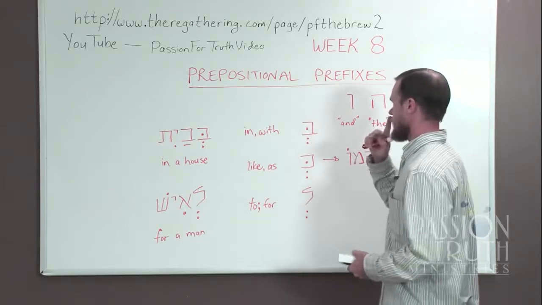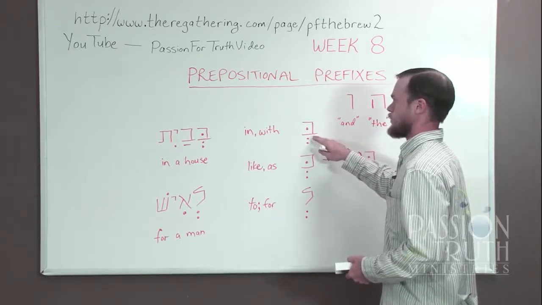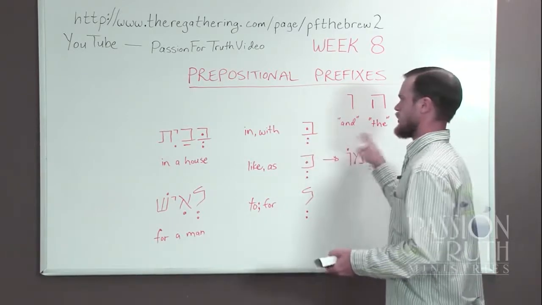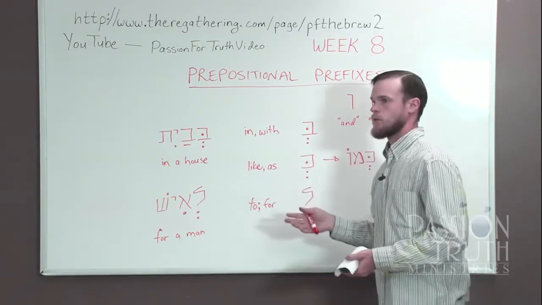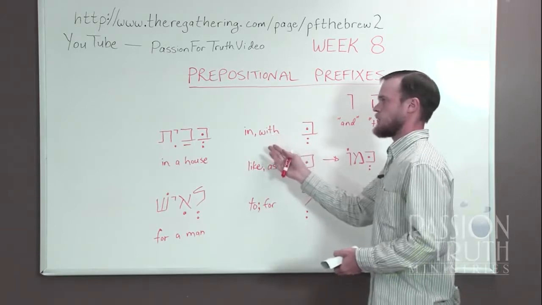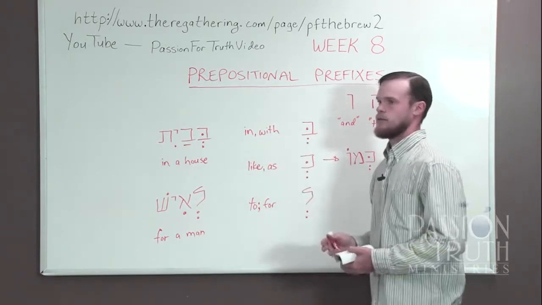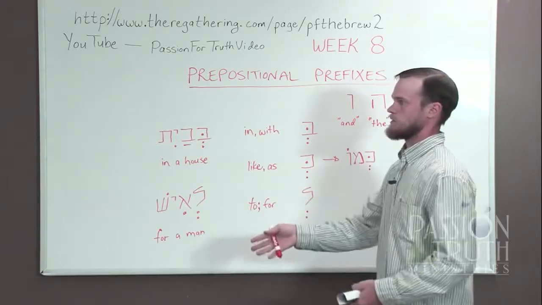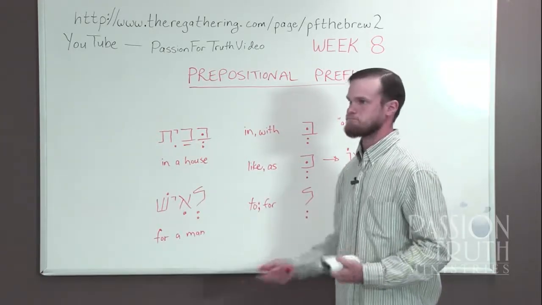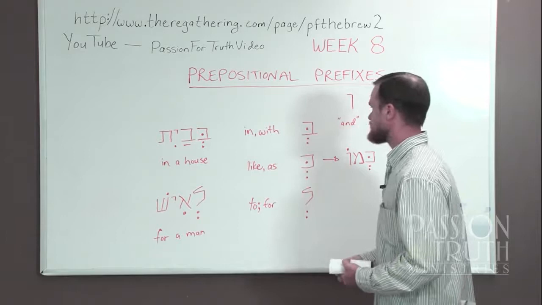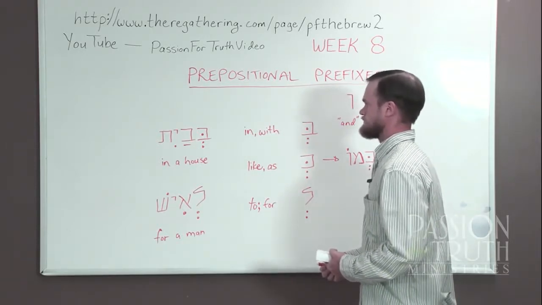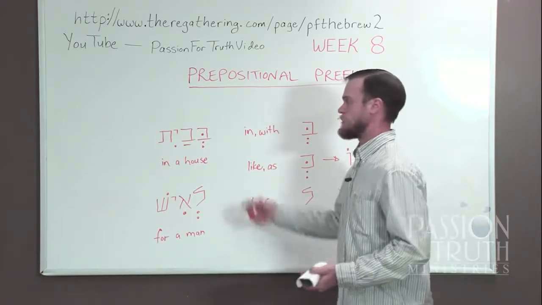Now the bet does not have an equivalent separate preposition, so there's no other preposition that would mean in or with. There's others that do mean with, but they don't mean with in the same sense as the bet. They mean with in the sense of alongside, whereas the bet means with as in using. So if you're doing something with a pen, it'd be b.